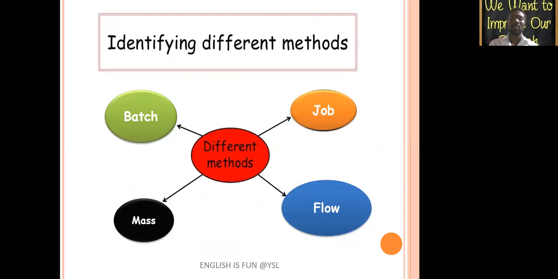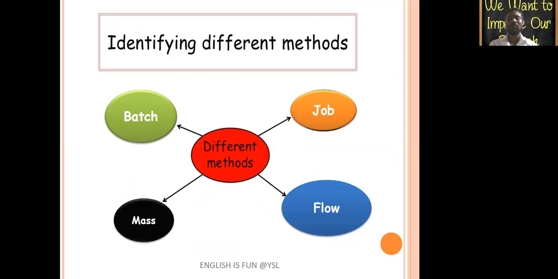As we can see on the screen, we are going to identify different types of production methods. The first one you have on the left side, batch production. Okay, batch, we got job, we got mass production, of course we have flow production. So different types of methods by which products can be made.